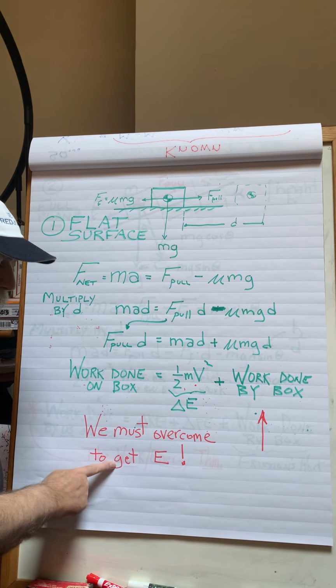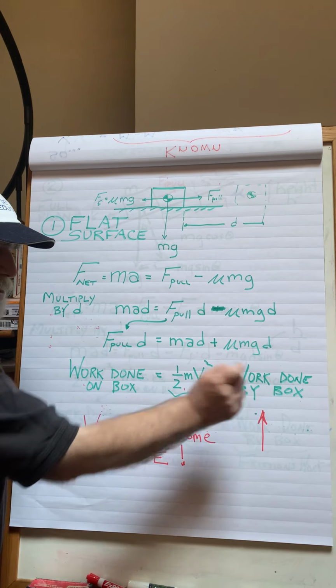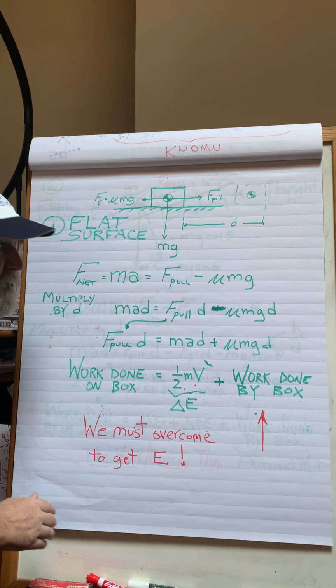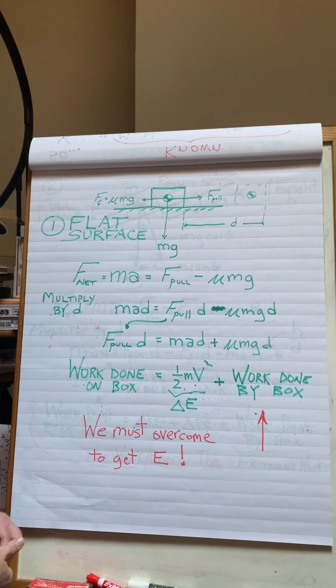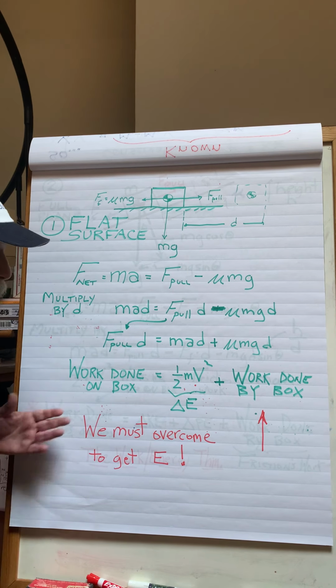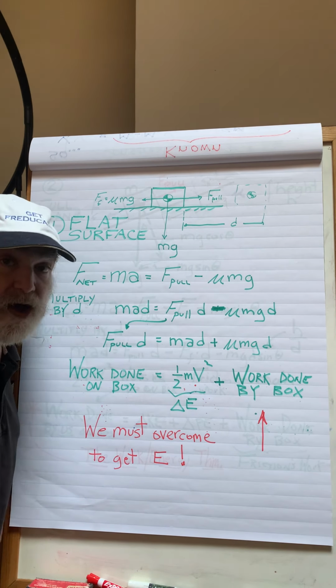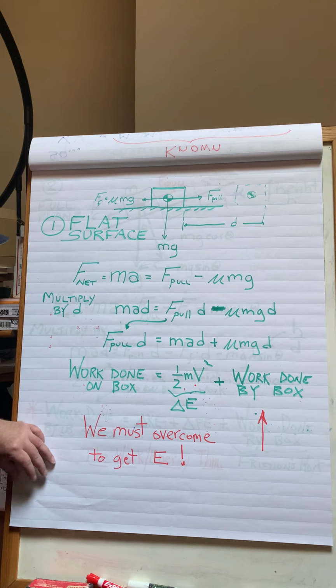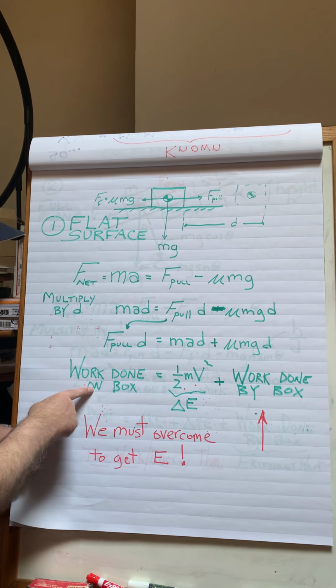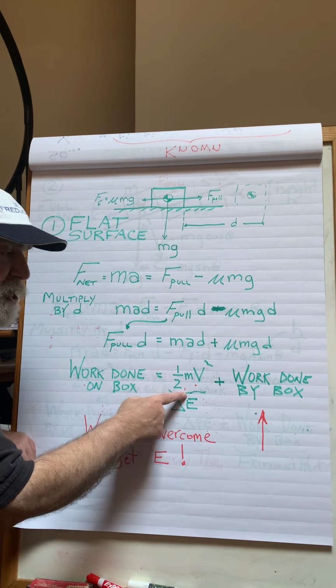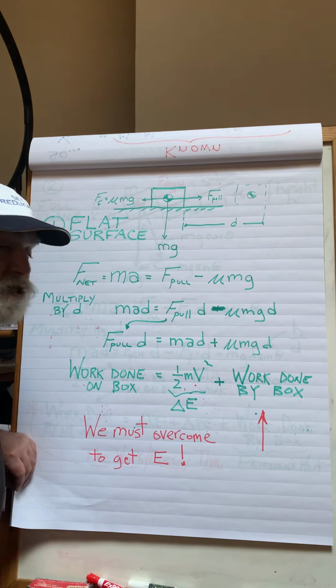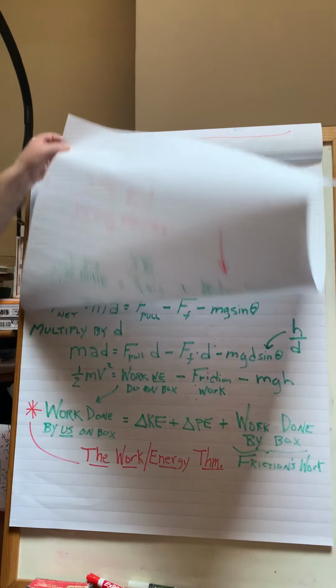So we must overcome this guy, friction, to get energy. Now, we need to take this into 2 dimensions, because the work energy theorem has to account for potential energy too. But the work done on the box is change in energy plus work done by the box.